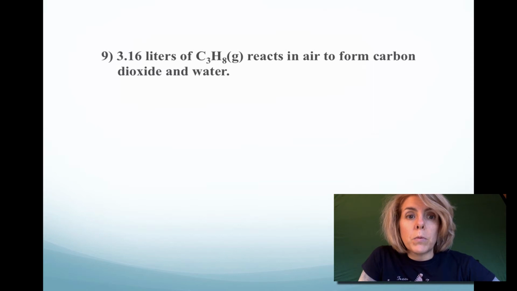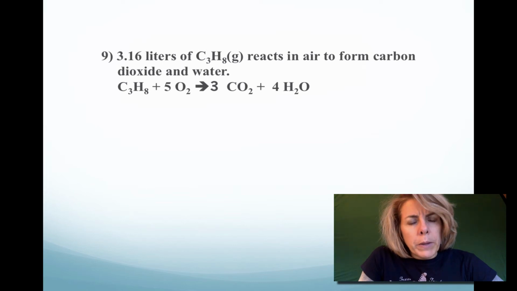Okay, here's another one where we have volume again, and this is propane actually. This you can find in your local hardware store, the tanks that people buy for gas grills. So here we have propane reacting with oxygen in the air to form carbon dioxide and water.